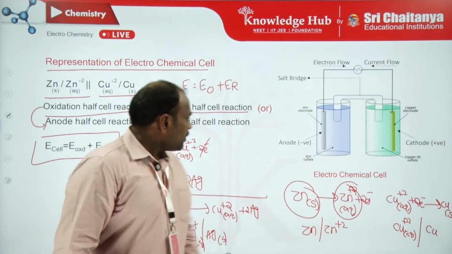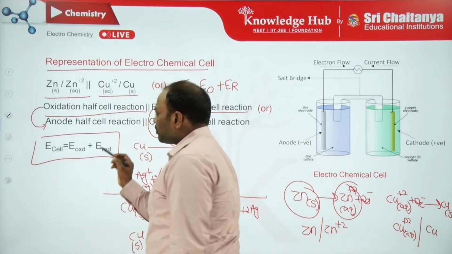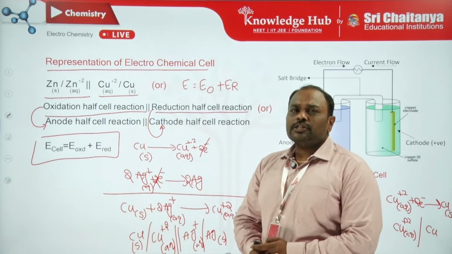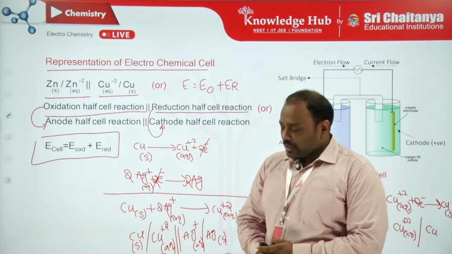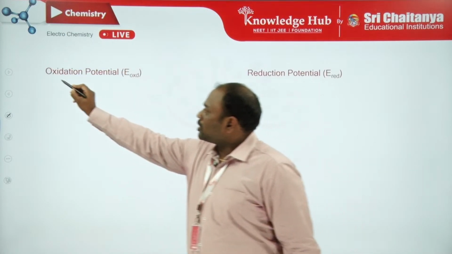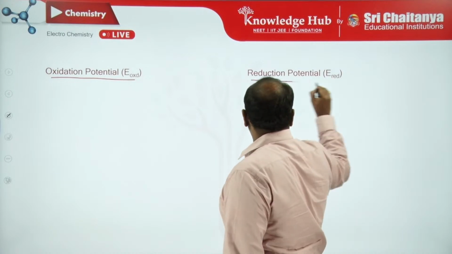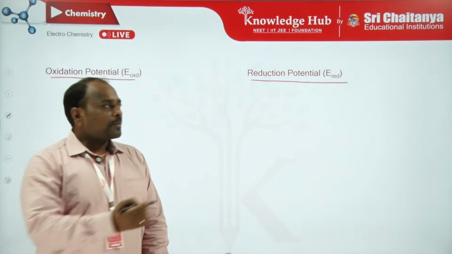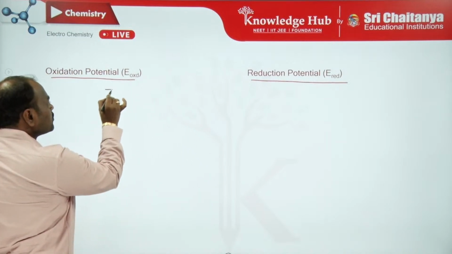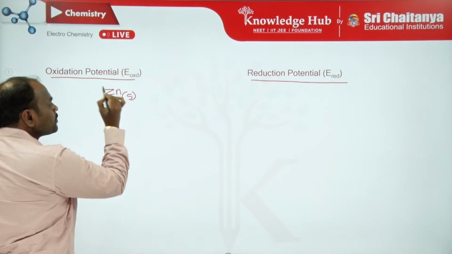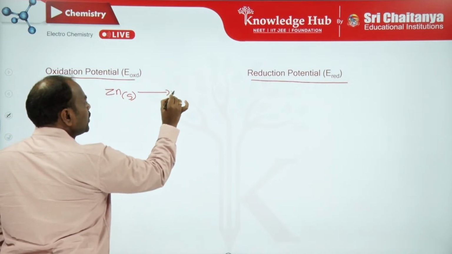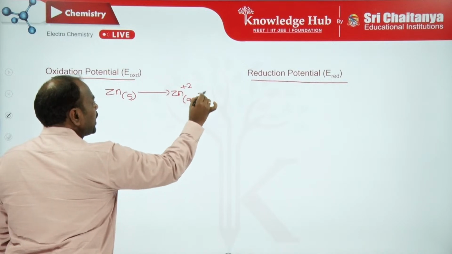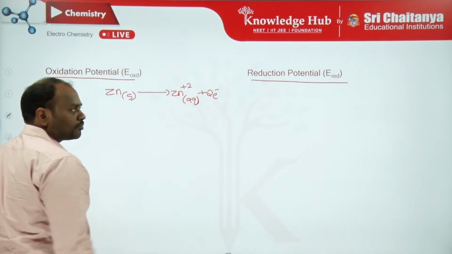Now we get new terms: the oxidation potential and the reduction potential. What is the oxidation potential? If you take zinc, the zinc electrode is converted to Zn plus 2 by losing electrons.